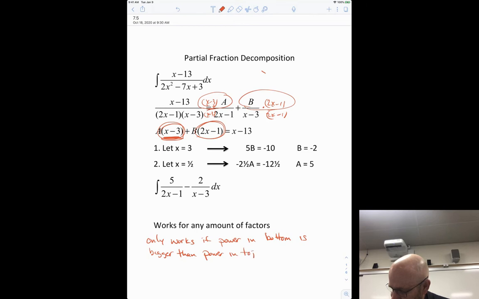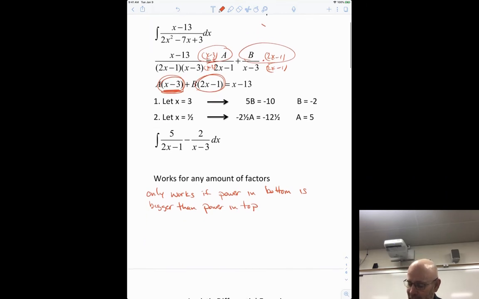Notice in this particular problem, my power on the bottom is 2, the power on the top is 1. If not, you're going to have to do long division. You might have to do this after the long division, actually. I think there's going to be one of those in the homework problems you'll see. But if not, you have to do long division to do this.